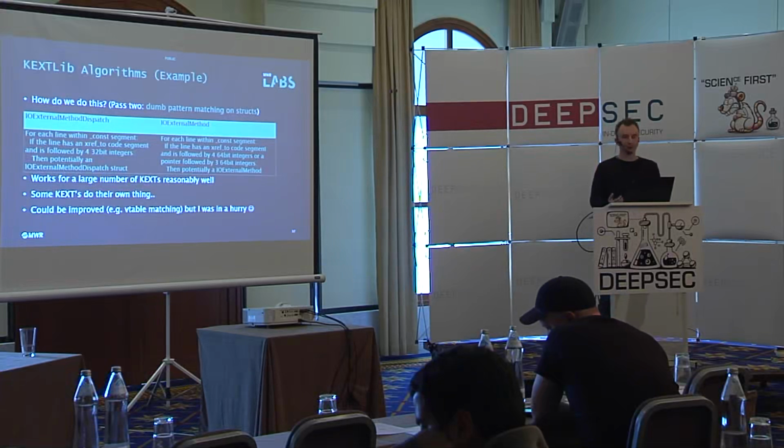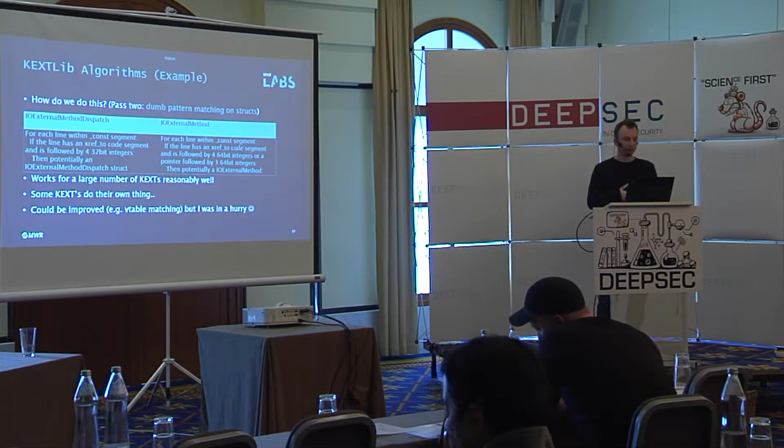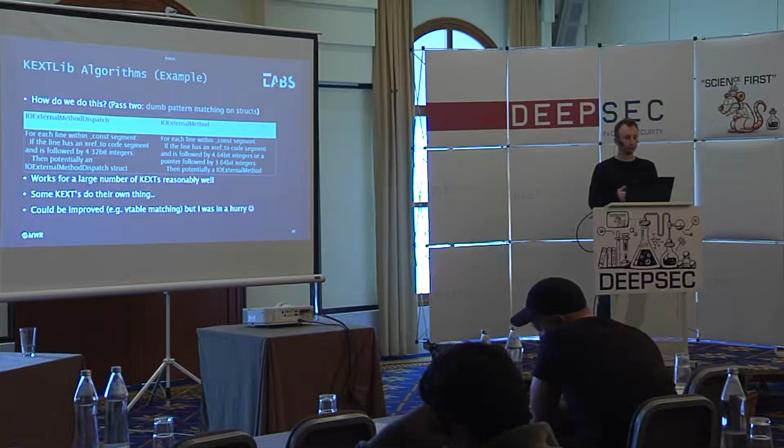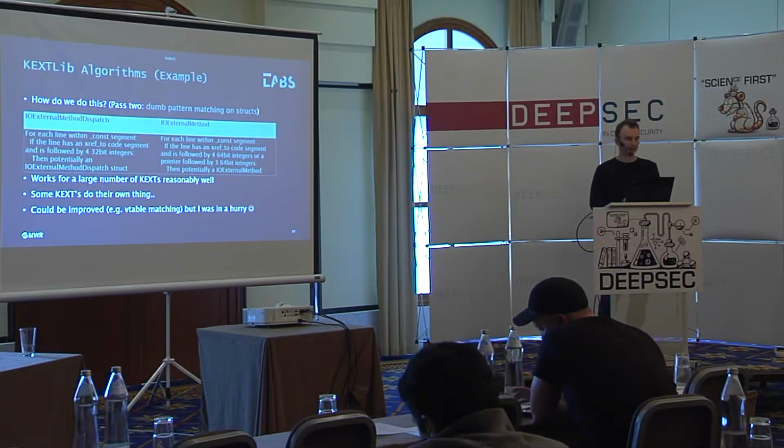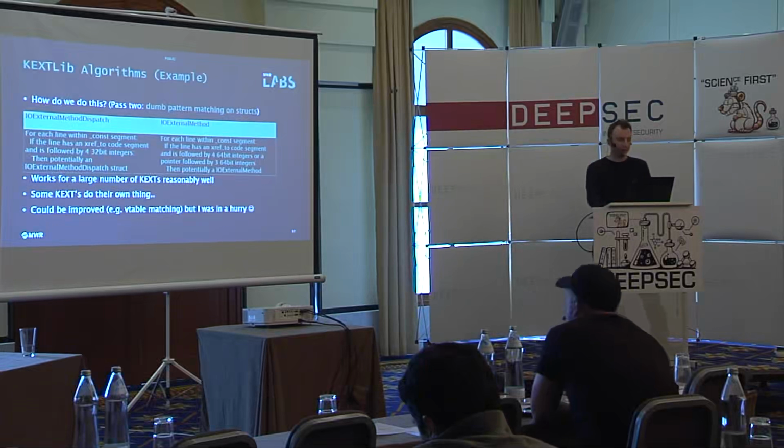So you can essentially match on that if you know the pattern which you're looking to match. So say you loop through every line in the const segment. If there's a pointer, like a cross-reference to the code segment, followed by 4 32-bit integers, then it's highly likely that is an I/O external method dispatch struct. So that was a really good way of pulling out all of the structs.